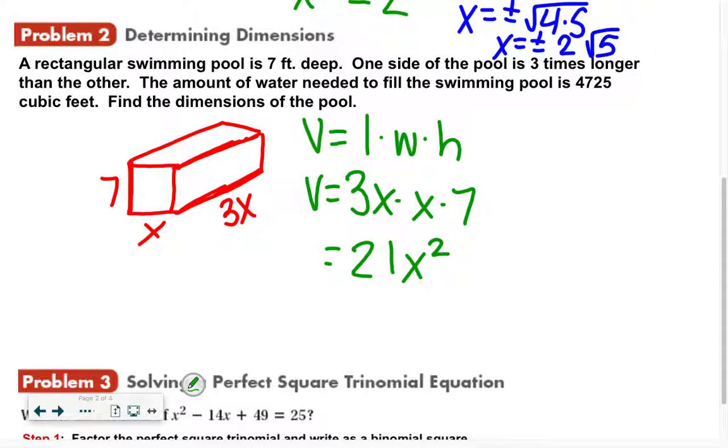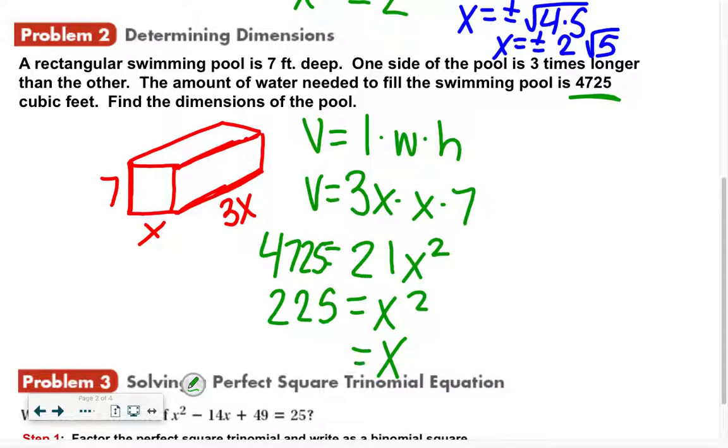Well, what do I know my volume is? 4,725. How am I going to solve? Divide by 21, so I get 225 equals x squared.